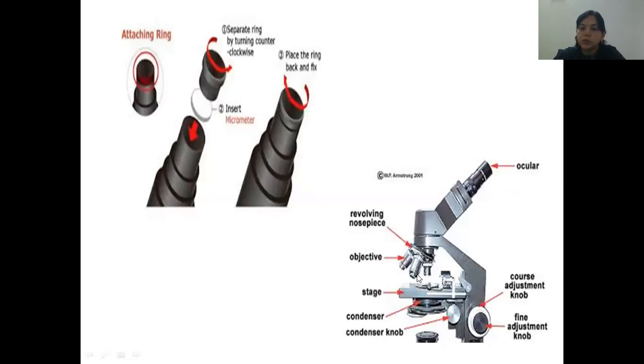Once you set this, you should not touch the adjustments or move the stage micrometer. If you move it, it will go out of focus. So once it is set, you can only move the eyepiece.